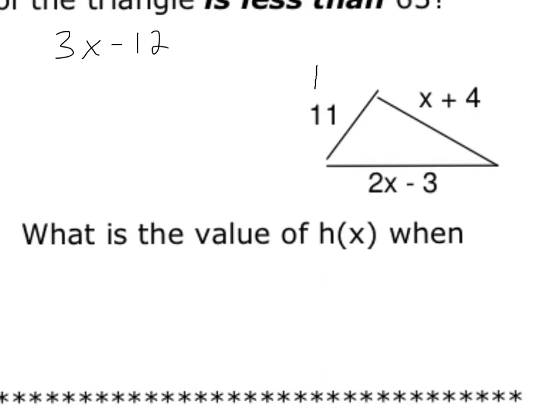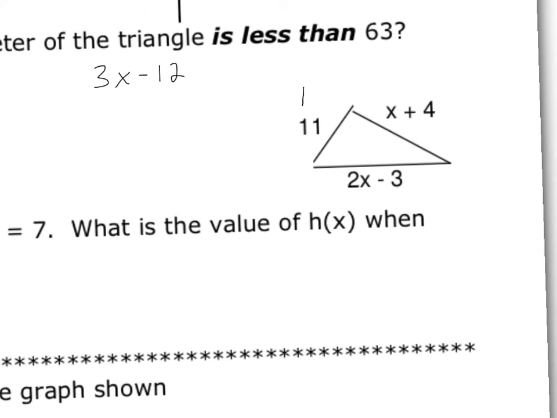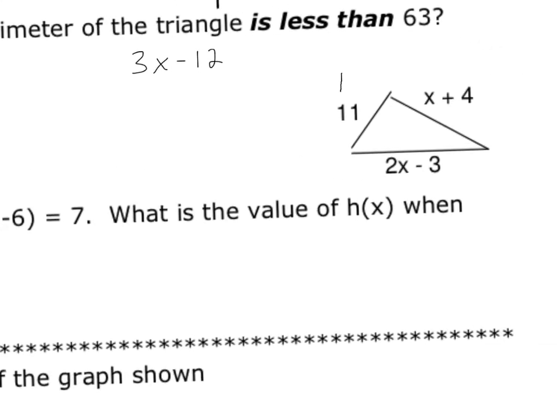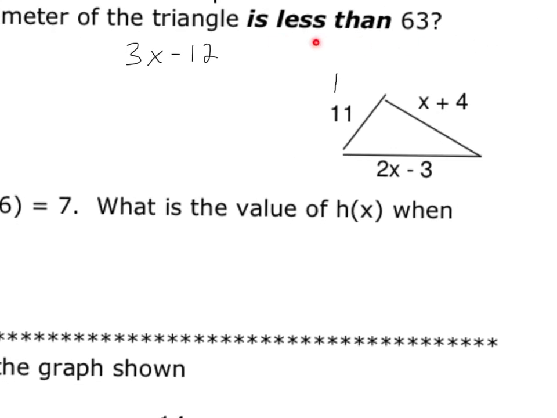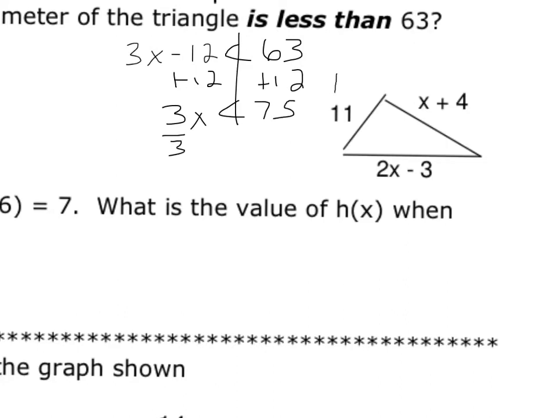And then right here in the problem it says that perimeter is less than 63. So this perimeter here is less than 63. Solve for x. And 3x is less than 75. Divide by 3. So the value of x has to be less than 25.